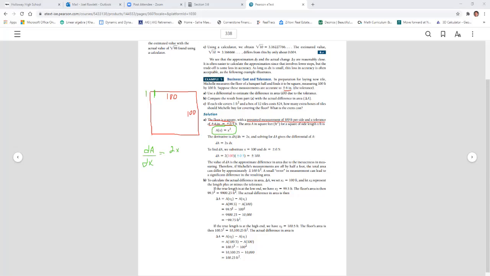And if we solve for dA, all we have to do is just cross multiply here. dA times 1 is dA. We can see that our differential on A is actually 2x times dx, where dx represents our differential on x.